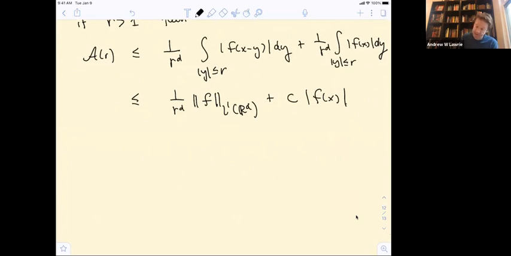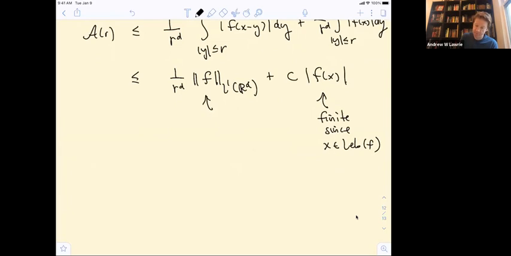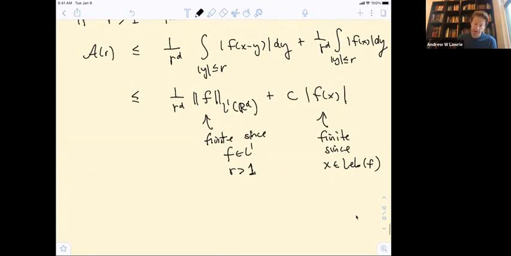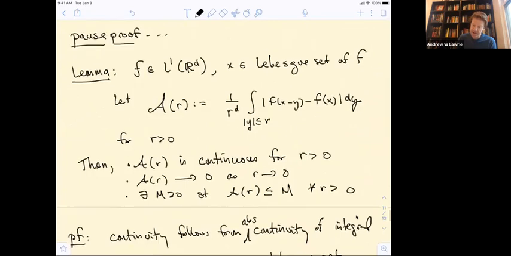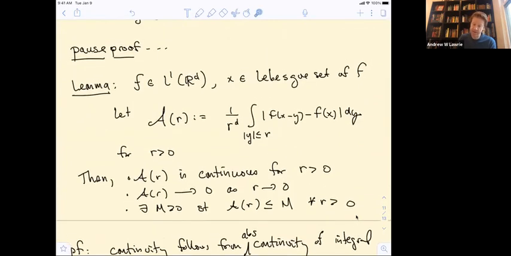And this is finite since x is in the Lebesgue set of f, right? And this is finite since f is in L1 and r is bigger than 1. So this gives the bound, a uniform bound. Note that x is fixed in the Lebesgue set, so it's okay.